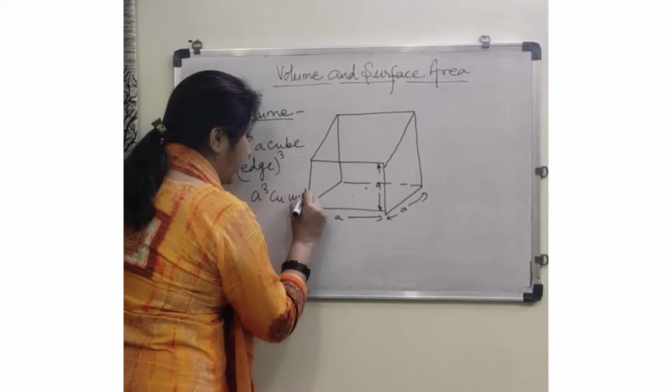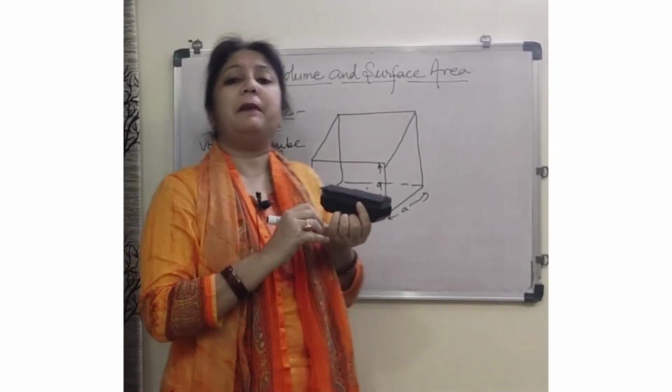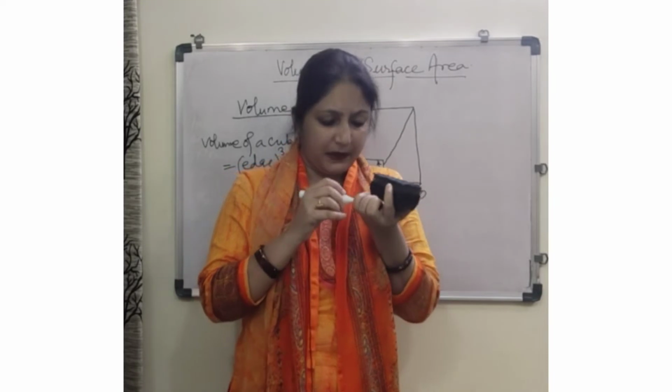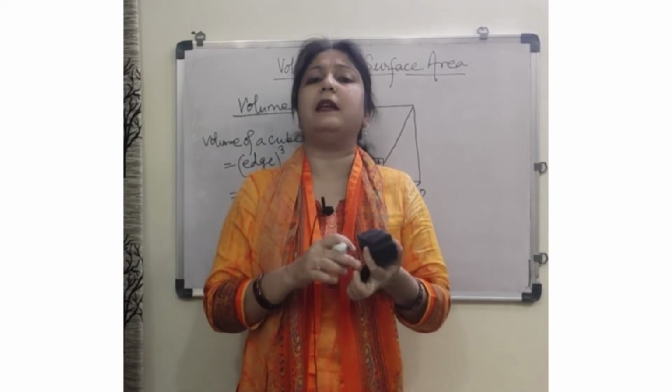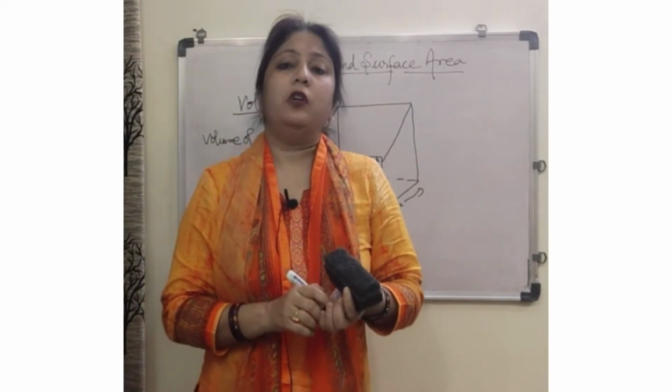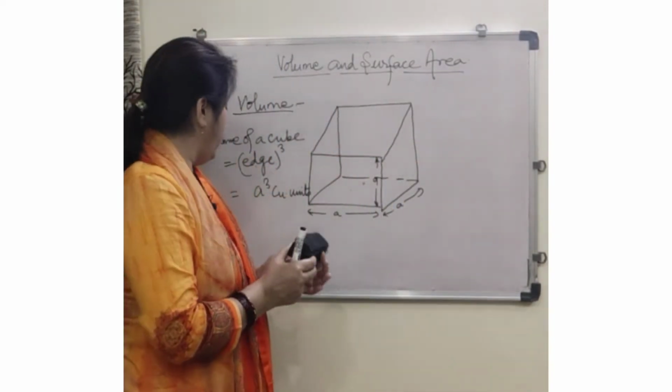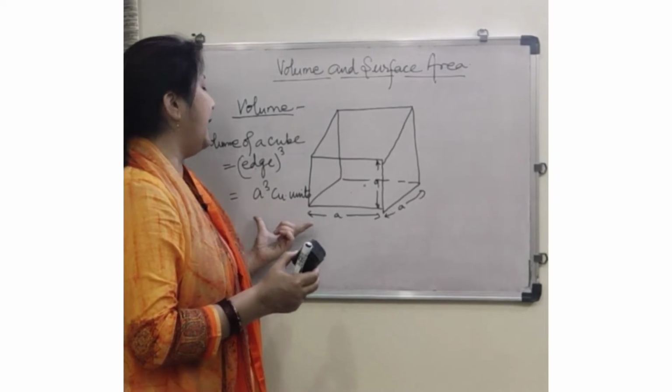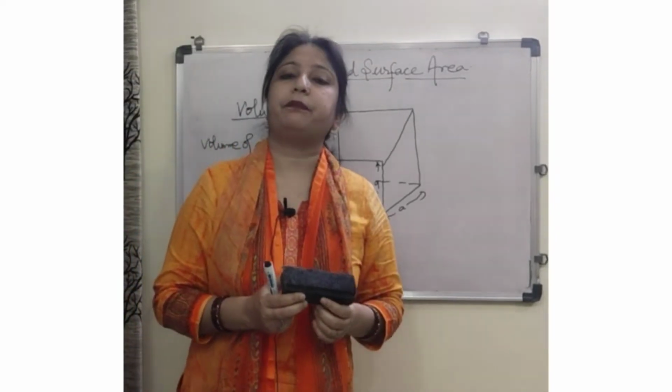Why am I writing cubic unit? Unit may be centimeter, meter, decimeter, any unit. So we write volume of a cube is A cube cubic unit.